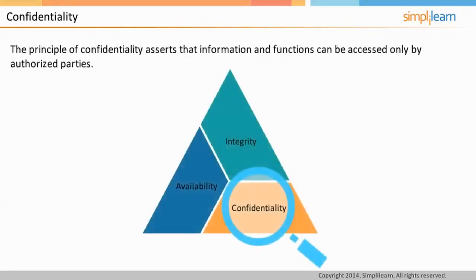The principle of confidentiality asserts that information and functions can be accessed only by authorized parties. Private information about citizens has resulted in the proliferation of information systems operated by both government and industry. Typically, a personal profile containing many items of basic information is established when an individual begins a relationship with an organization.